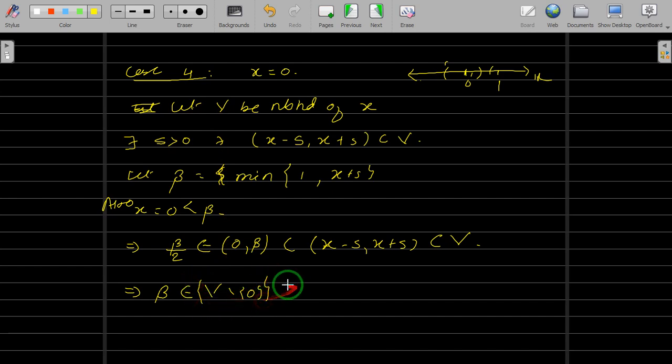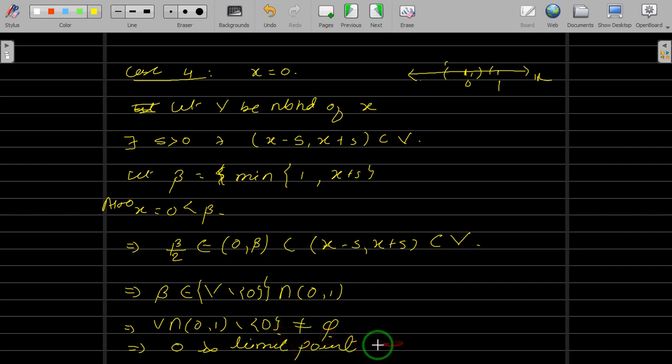So V intersection (0, 1) minus {x} is non-empty, and this implies 0 is a limit point of the open interval (0, 1). Similarly, you can write it for 1.